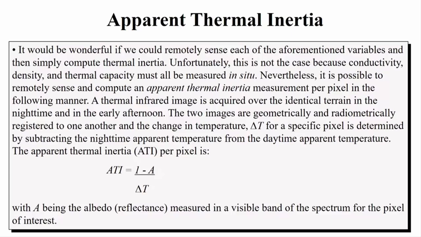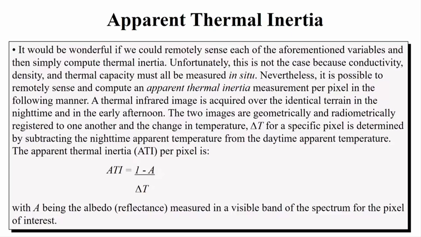Nevertheless, it is possible to remotely sense and compute an apparent thermal inertia measurement per pixel in the following manner. A thermal infrared image is acquired over the identical terrain at night time and in the early afternoon. The two images are geometrically and radiometrically registered to one another, and the change in temperature, delta T, for a specific pixel is determined by subtracting the nighttime apparent temperature from the daytime apparent temperature.